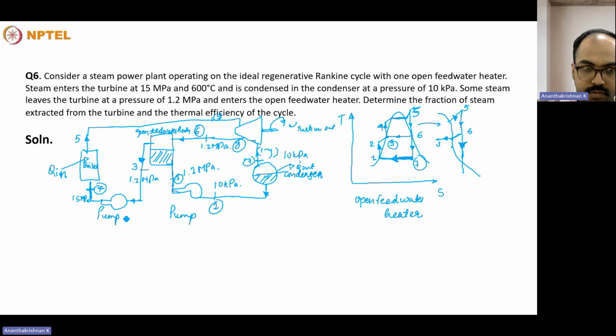Now we can try to approach it in an algorithmic manner to find the steam extracted fraction, that is Y. So if it is 1, this is Y, and this will be 1 minus Y. So that is there.